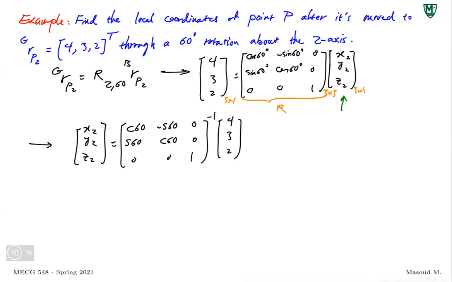Now, the note we mentioned, inverse and transpose are the same. Instead of going through the whole process of finding the inverse of a 3 by 3 matrix, since it's an orthogonal matrix, we know that R inverse is equal to R transpose. So all you need to do is just to find a transpose.